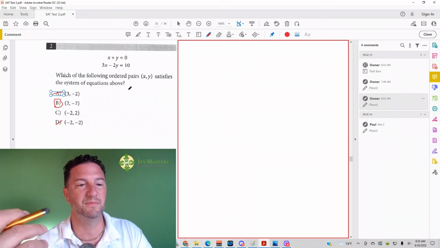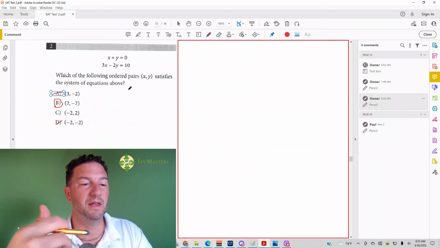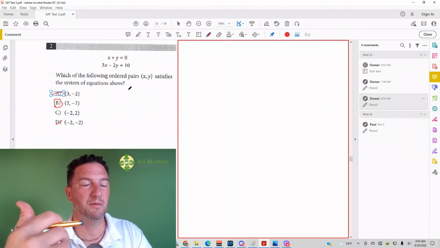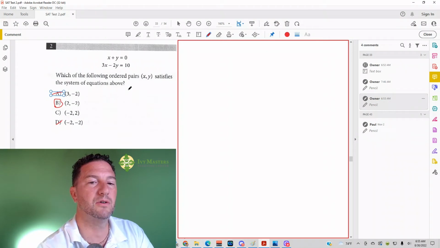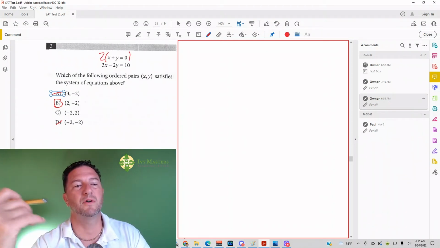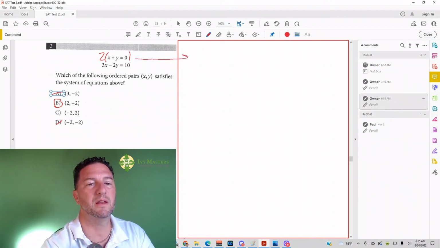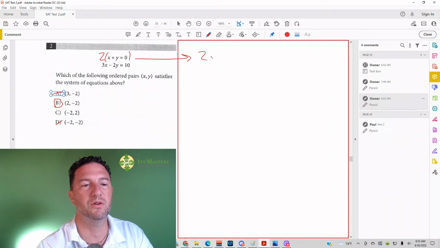So since I want to eliminate y, I want to ask myself, which equation should I multiply by what? If I multiply the top equation by 2, then I'm going to have a positive 2y and a negative 2y, and I'm going to be able to eliminate. Now I'm going to write this over here. I get 2x plus 2y equals 0. Don't forget to distribute to the last.